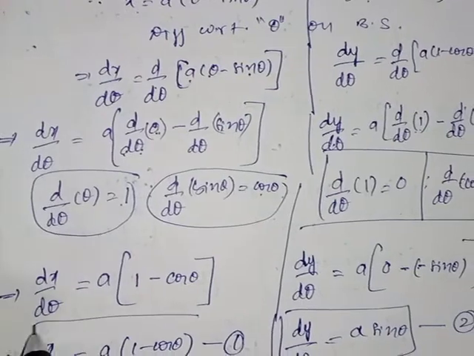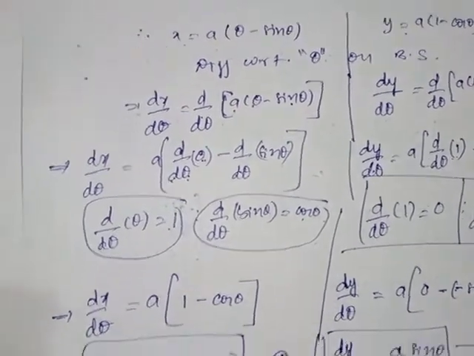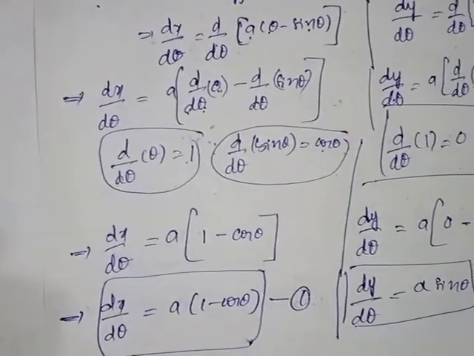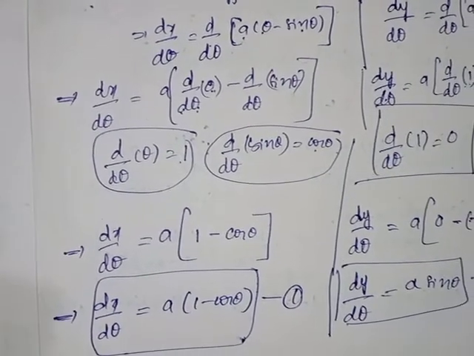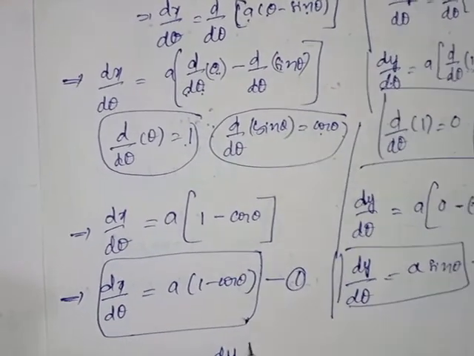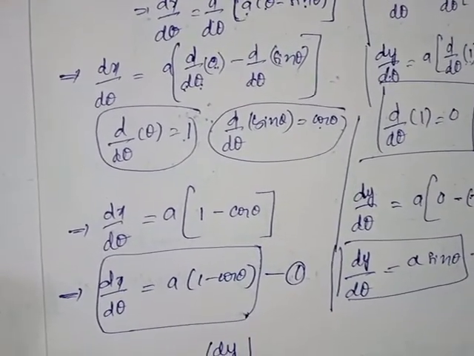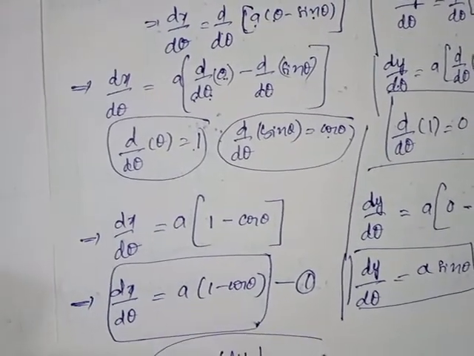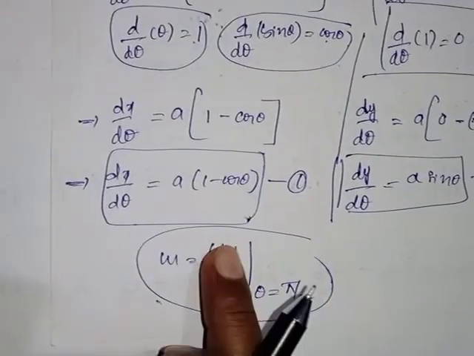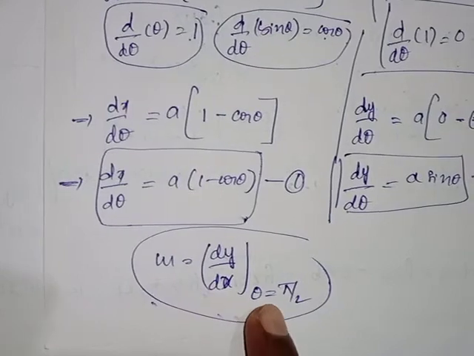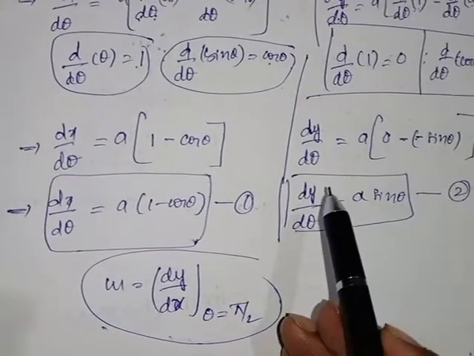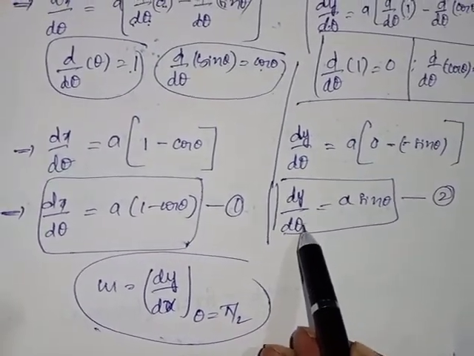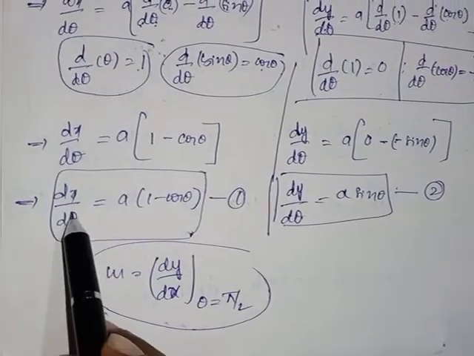If we observe here, m is equal to dy/dx at θ = π/2. Here this is dy/dθ, equation number 2, and this is dx/dθ, equation number 1.